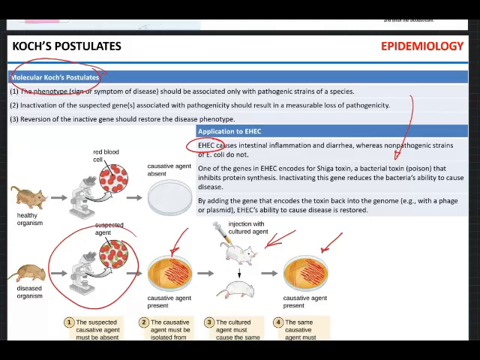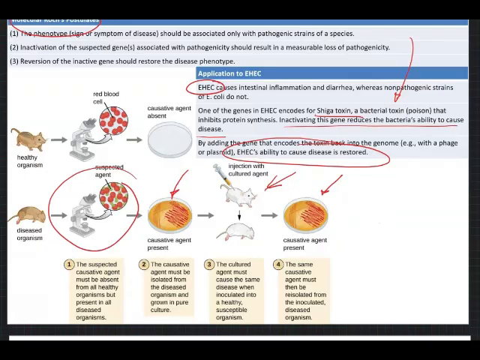It's been shown that it produces Shiga toxin. When this gene is knocked out, EHEC becomes much less virulent. When you knock it back in, the virulence is restored. So the link between the genetics and the virulence is the aim of molecular Koch's postulates.